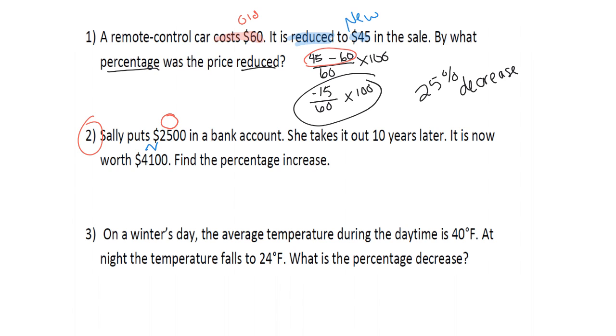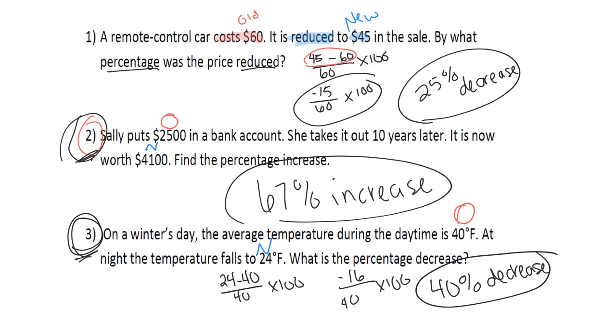Now I want you to wrap up 2 and work on 3. Pause and do 2 and 3. Hopefully you got 67% for number 2. For number 3, the old temperature was 40 and the new temperature is 24, which gave you about a 40% decrease.